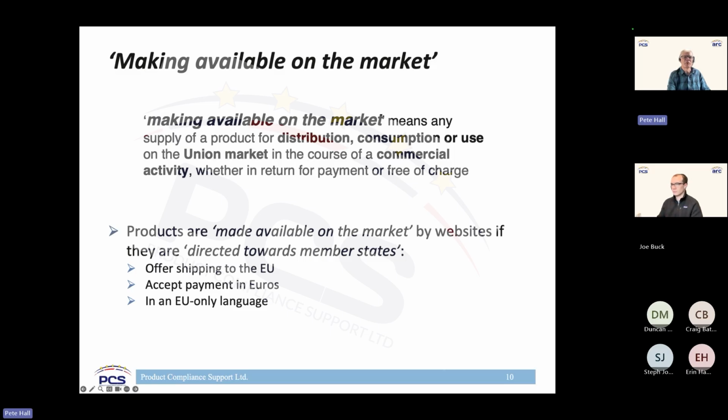And if you sell your product to the EU, if you offer shipping, accept payment in euros, or have listings in an EU only language, then you are deemed to be directing your sales towards member states, and you must comply with the GPSR.